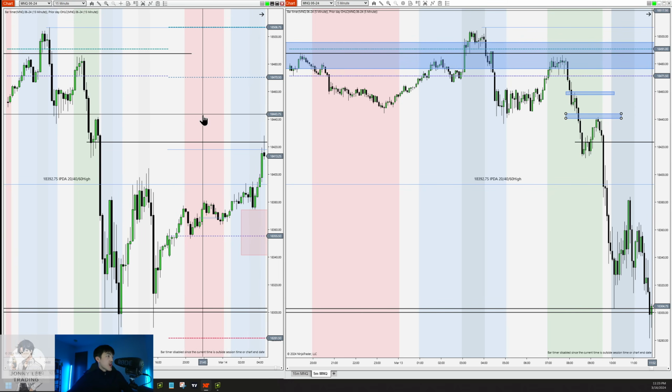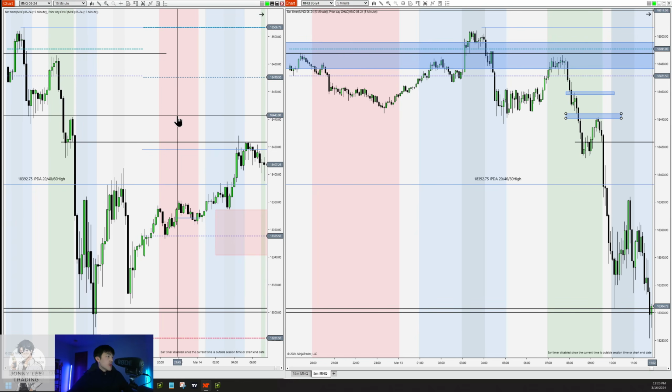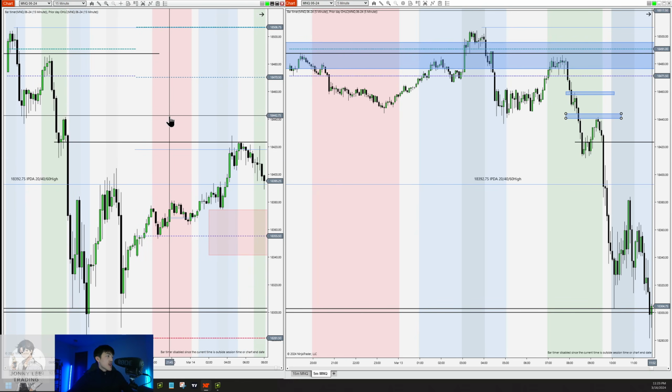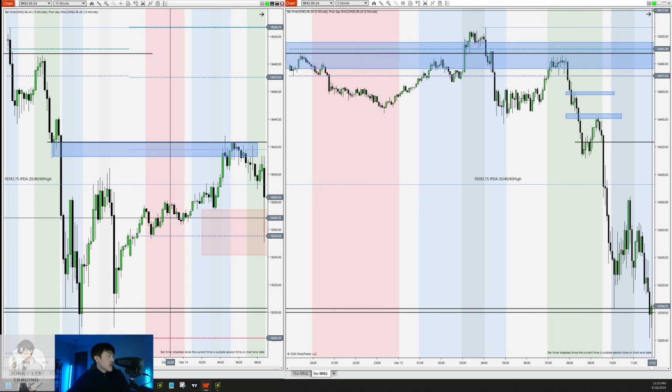And what happens? Price trades up to that fair value gap, trades up to that bearish order block, begins to trade lower here. And once it trades to this segment of this fair value gap, remember, wicks are treated pretty much as fair value gaps as well when they are uncontested.